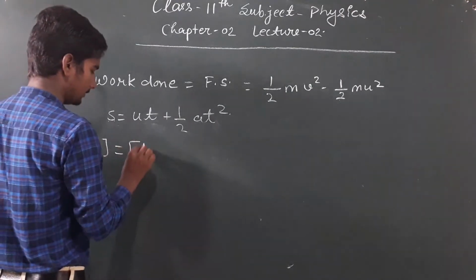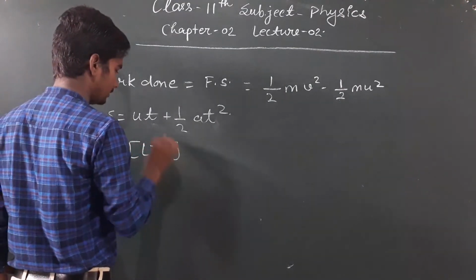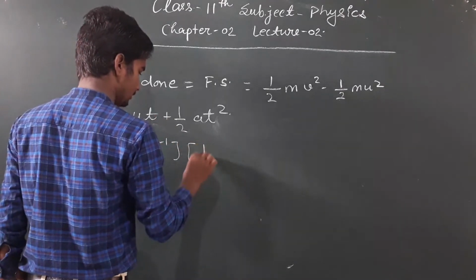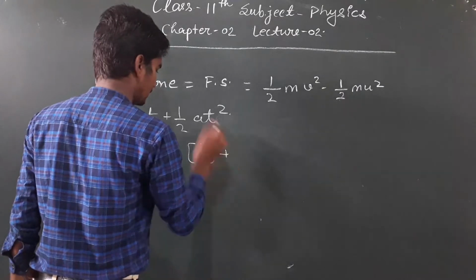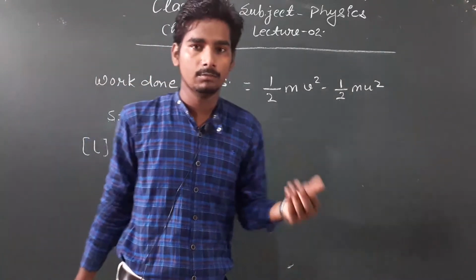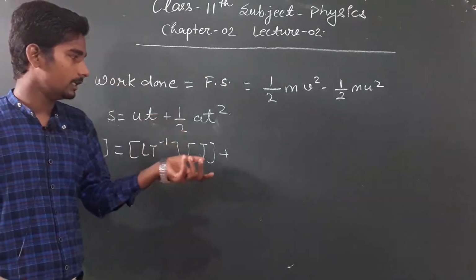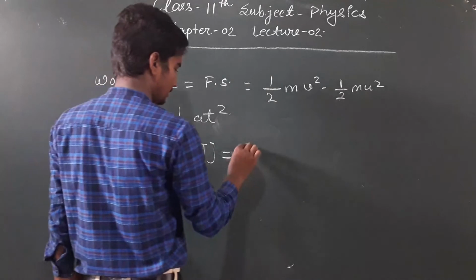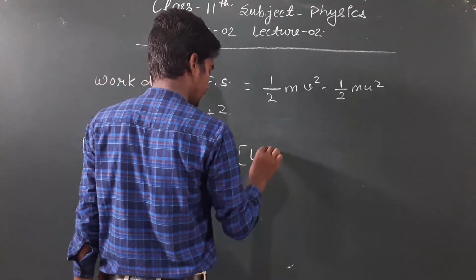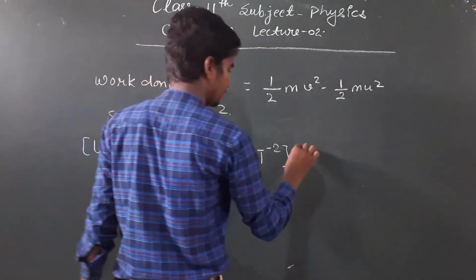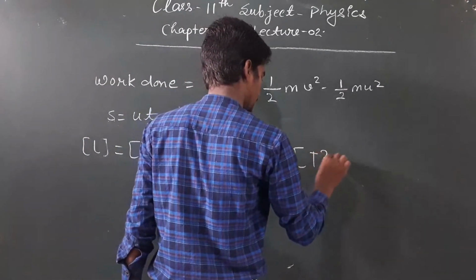Velocity has the dimension of L t minus 1. t has the dimension of t, plus, here 1 by 2 is a number, and a number does not have any dimensions. So a is the acceleration, and that will have the dimension of L t minus 2, and t is time, and this will have the dimension of t squared.